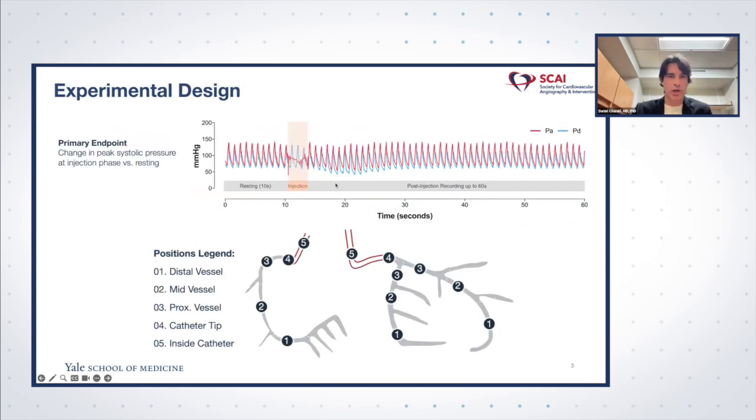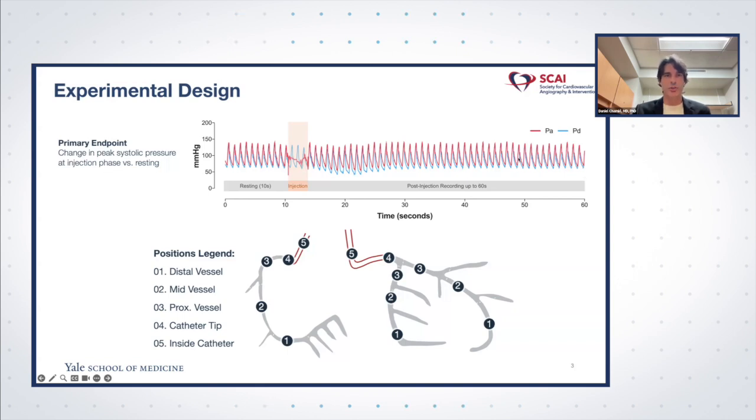We used a pressure wire inside the vessel. We did a continuous 1-minute recording involving 10 seconds of resting, recording the moment that we injected, when you lose the PA pressure by opening the 2E, and then you see here some hyperemia caused by the contrast, and then restoration of resting flow up to 60 seconds.